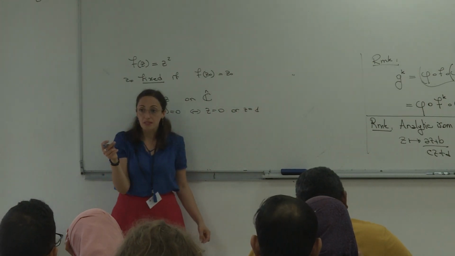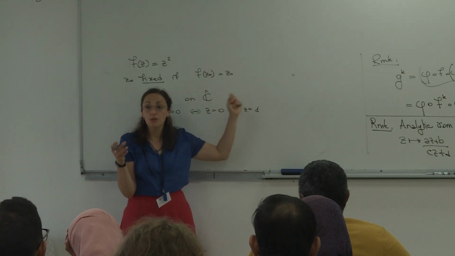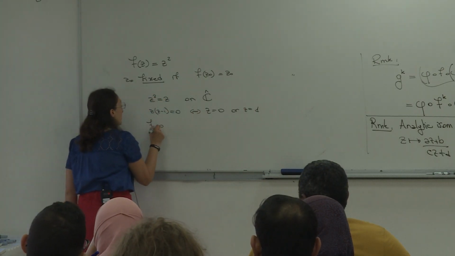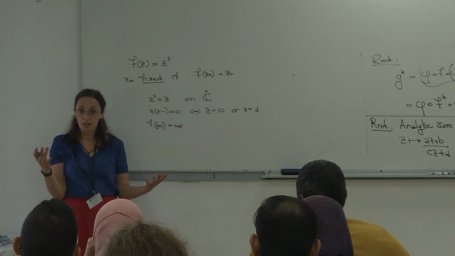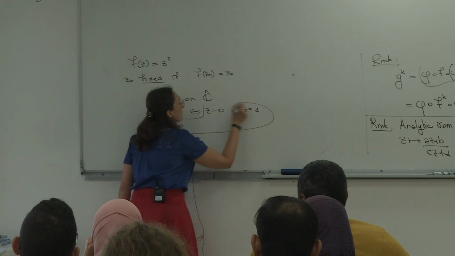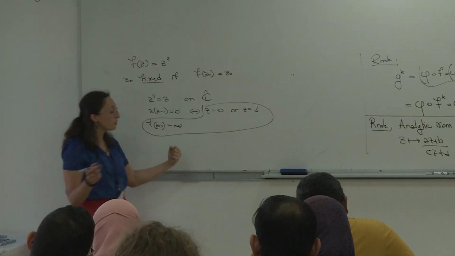But we have a polynomial and we're working on the Riemann sphere, so we have to see what happens at infinity. f of infinity is equal to infinity as well. And so here we have 3 fixed points: 0, 1, and infinity.